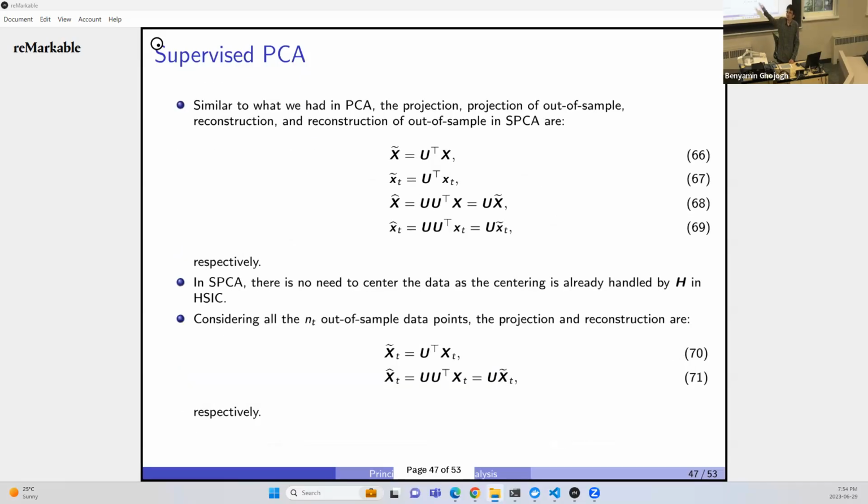And you use the formulas that we had for projection and reconstruction. So projection of training data is this, projection of test data is this, reconstruction of training data is this, reconstruction of test data is this. Also, if I consider several out-of-sample points or test points, then I will have this, right? Projection and reconstruction as before.